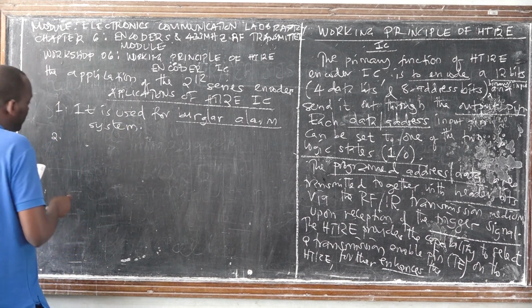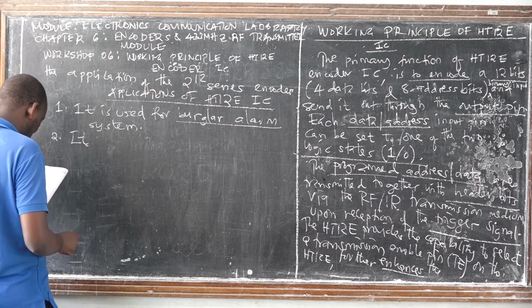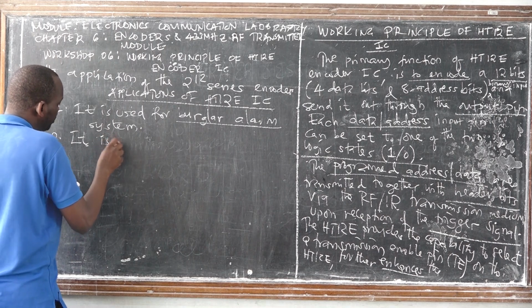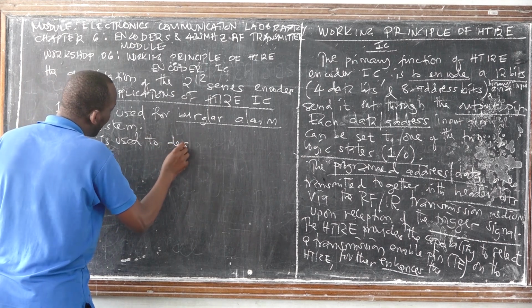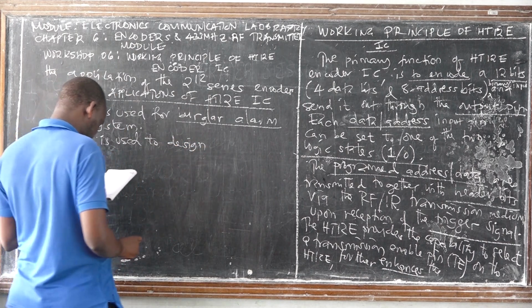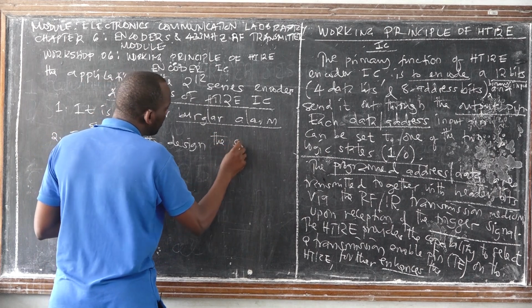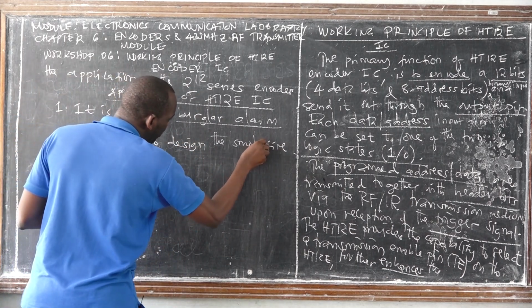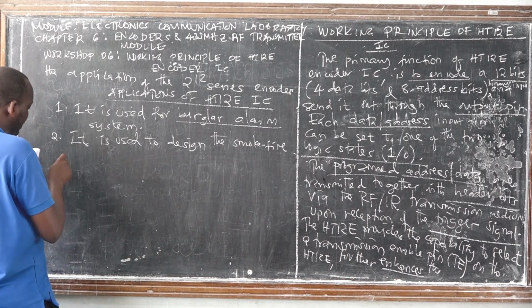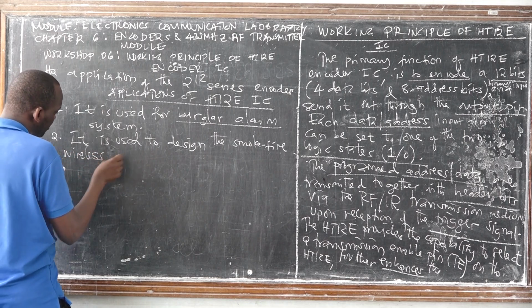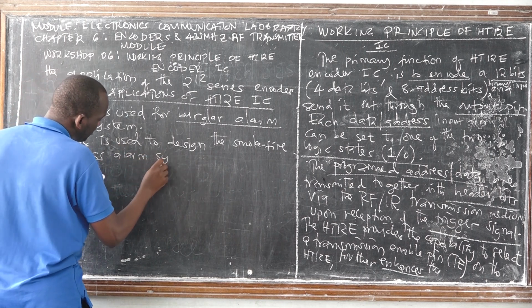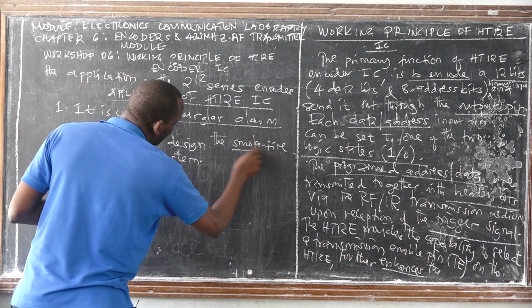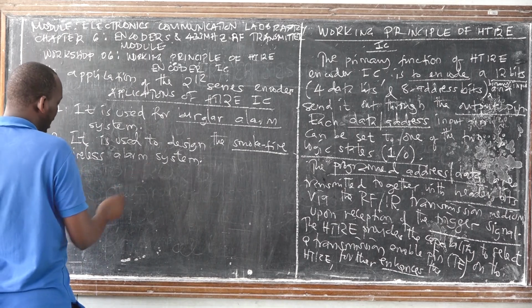The second application, we use the HT12E encoder in designing the smoke or fire wireless alarm system.